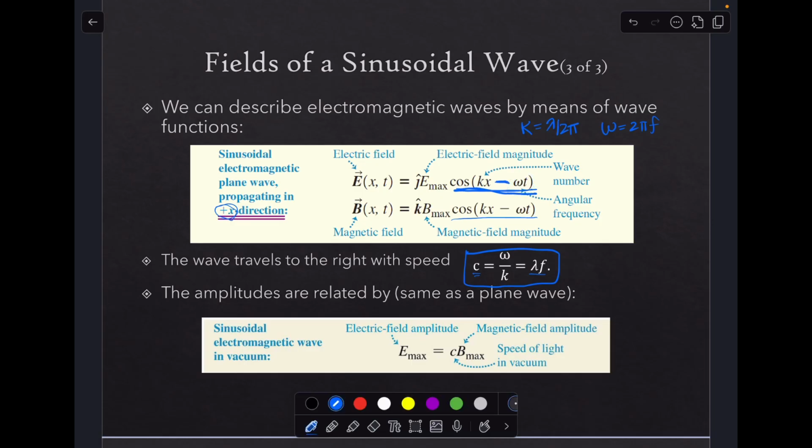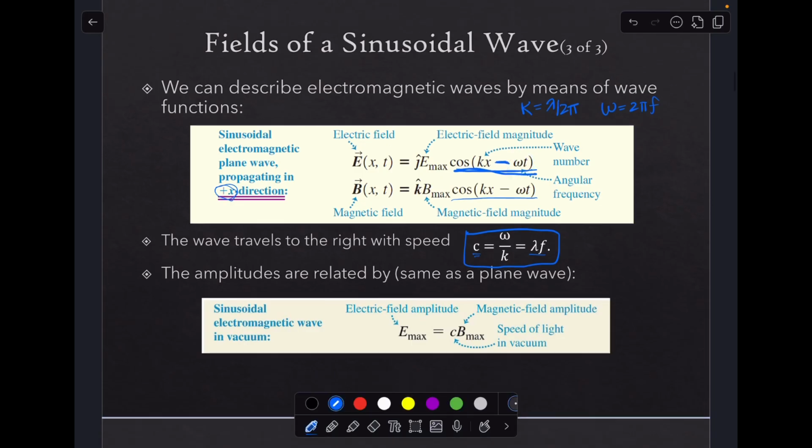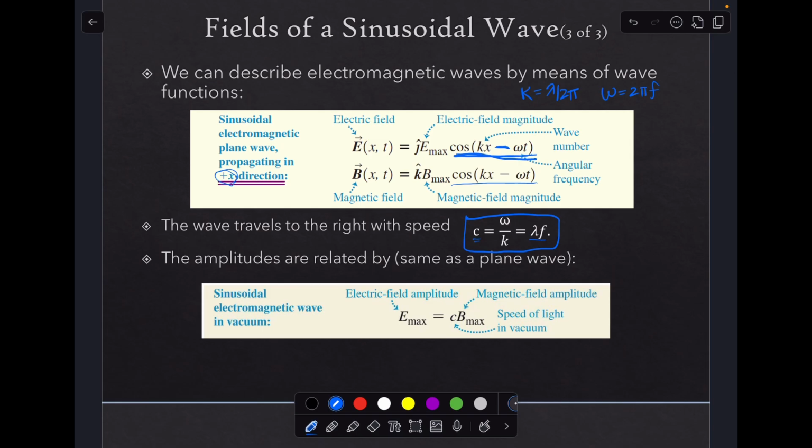So that's going to be important when building these equations and when you find the direction of travel, if it's positive or negative, you need to remember to include the proper sign here in the cosine argument. So the same as a plane wave, the amplitudes are the same, okay? Amplitudes are still related by c, the speed of light.